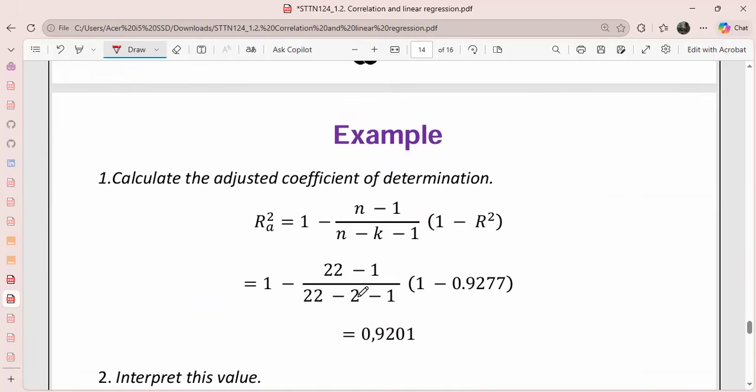N is 22, and then minus 1 according to the formula. The 2 comes from the number of independent variables, where it was x1 and x2. If I had maybe 3 variables, x1, x2, x3, it means that k will be equal to 3. Then you substitute your coefficient of determination and you get your answer for the adjusted coefficient of determination.